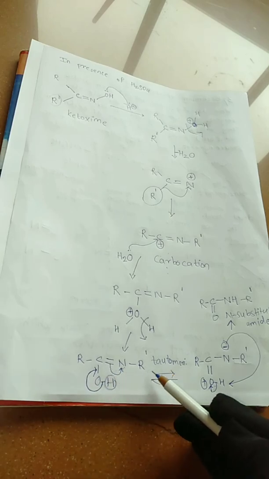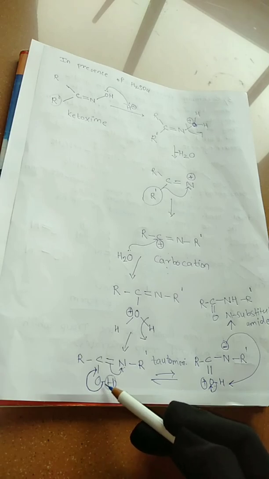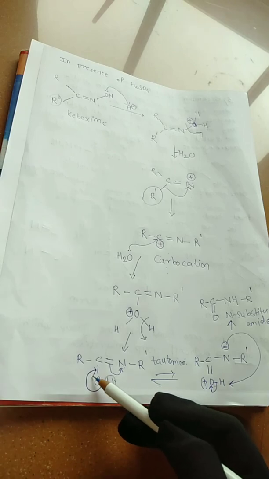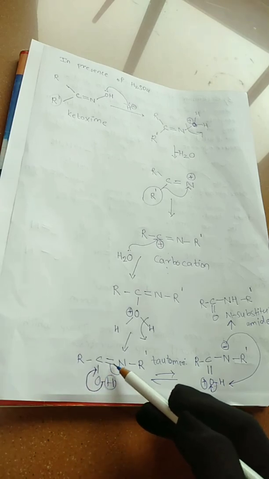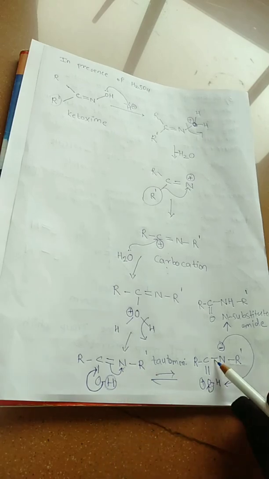Here you have to make it an amide group. How will you do that? By tautomerization. This OH will shift by making a double bond, and this double bond will shift towards nitrogen. Nitrogen will carry a negative charge.